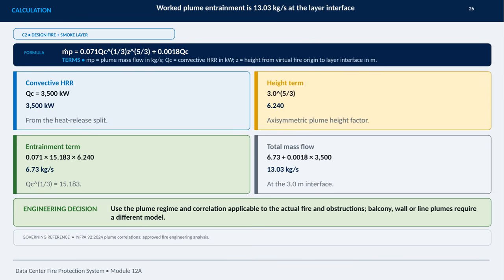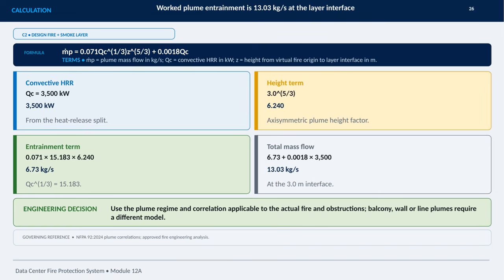The interface height is 3.0 meters, giving a height factor of 6.240. The cube root of the convective heat release rate is 15.183. Using those values, the entrainment term is calculated as 0.071 times 15.183 times 6.240, or 6.73 kilograms per second.